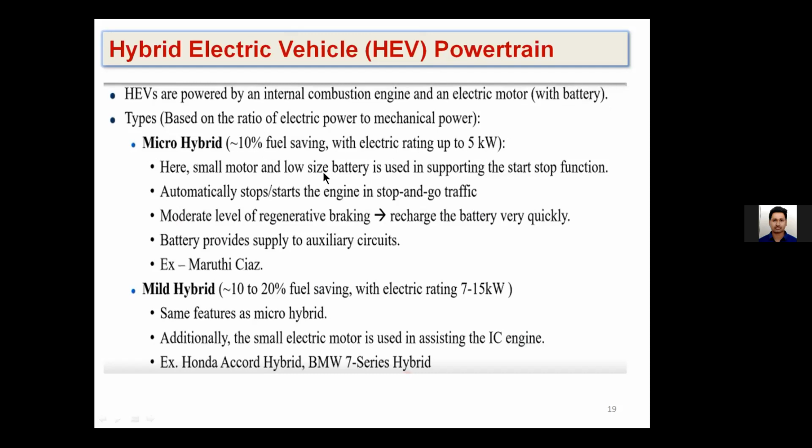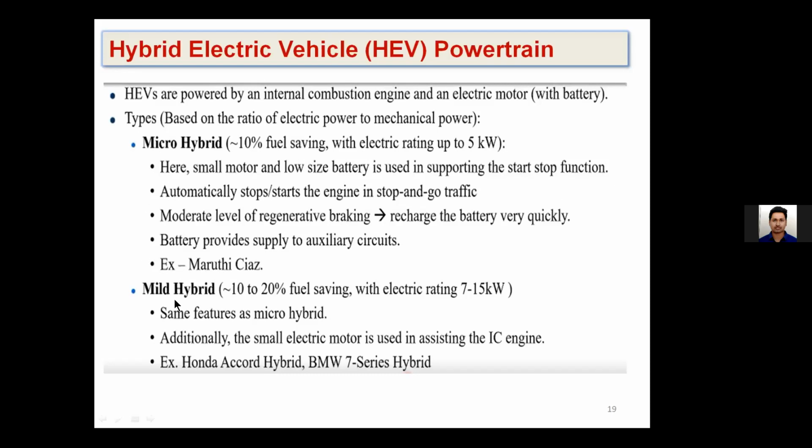Generally a small motor and low-size batteries are employed, which aid the start-stop function and help the IC engine during start and stop. We even have the regenerative braking facility here. One practical example is the Maruti CS car, which comes under the micro hybrid model.